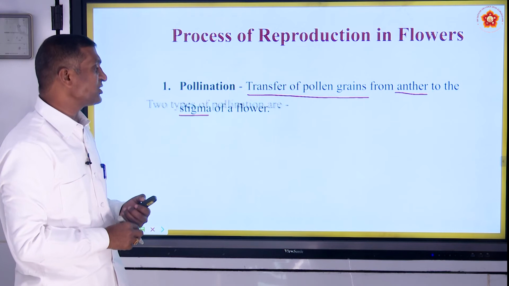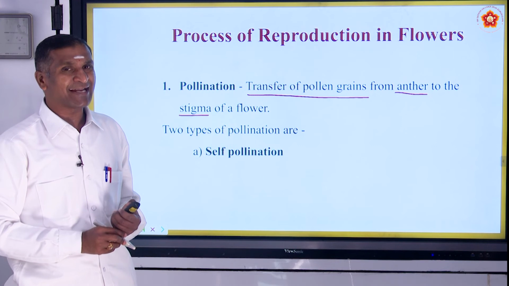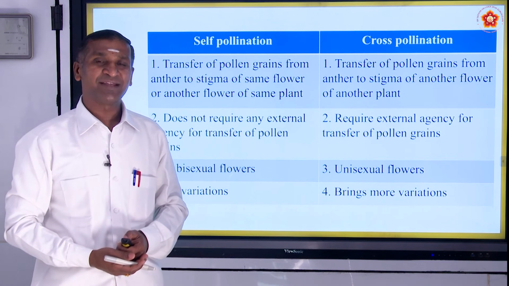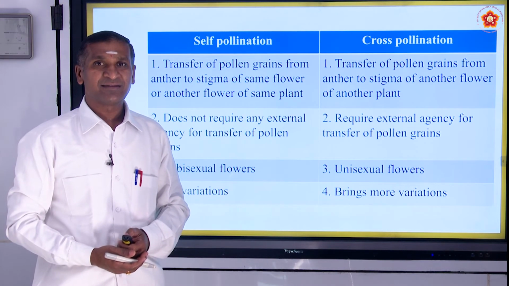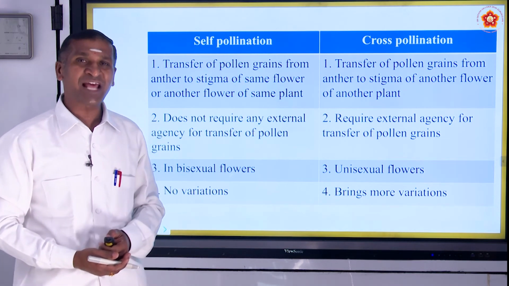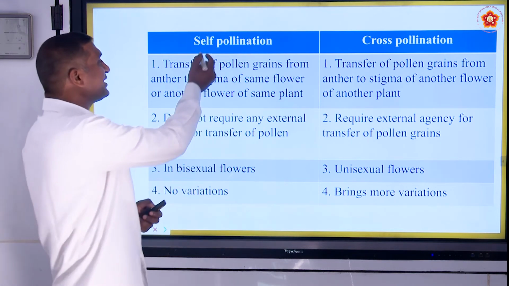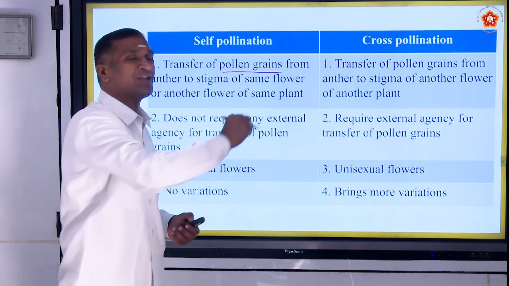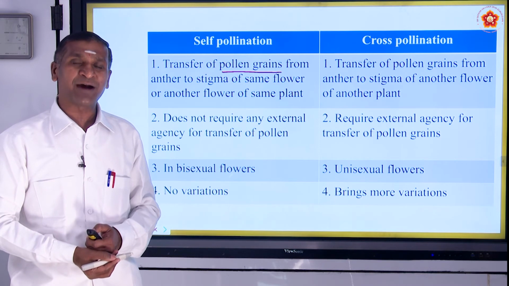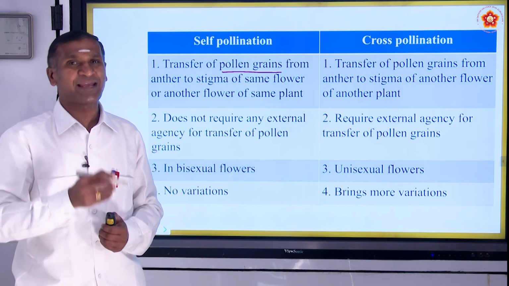And this pollination is of two types, self-pollination and cross-pollination. In self-pollination, there is the transfer of pollen grains from the anther of one flower to the stigma of another flower, or of the same flower, in the same plant.